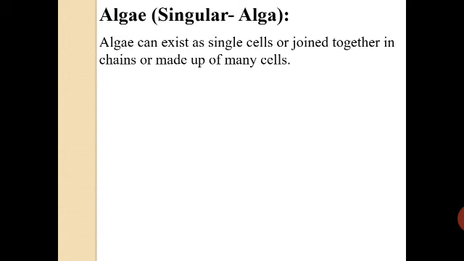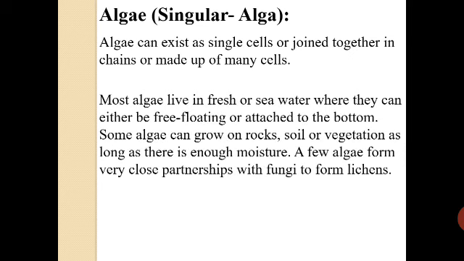Next we have algae, or alga, and algae can exist as a single cell or can be multicellular. Both are possible. Most of the algae live in fresh or seawater, and they can be floating on the surface of the water, or within the water at the bottom.